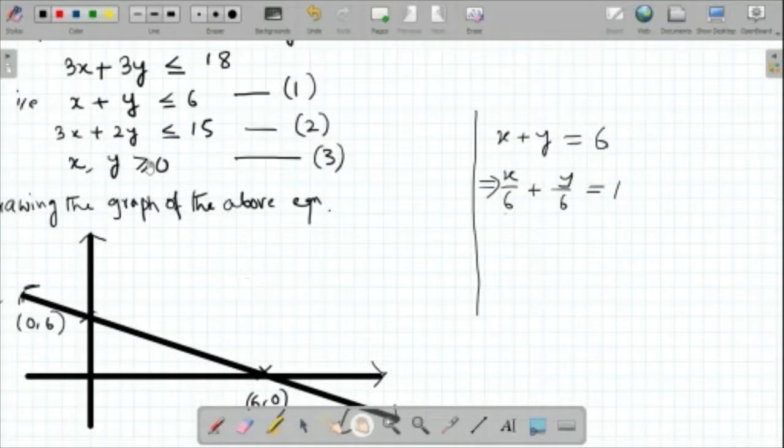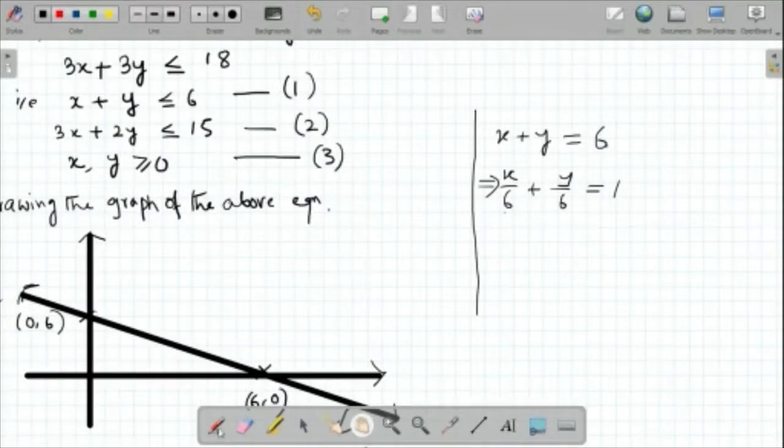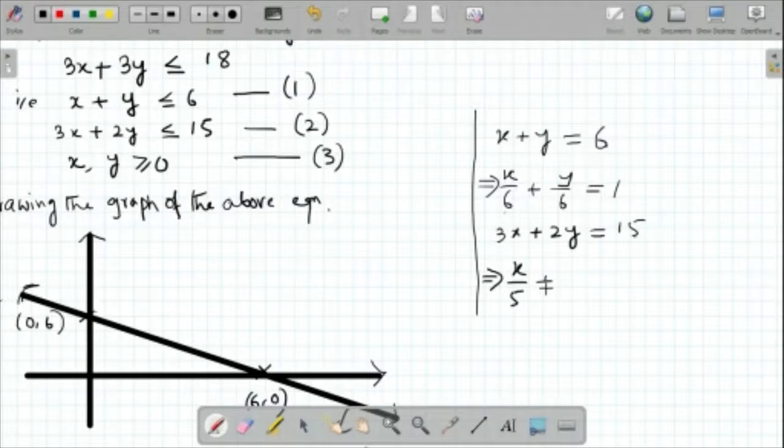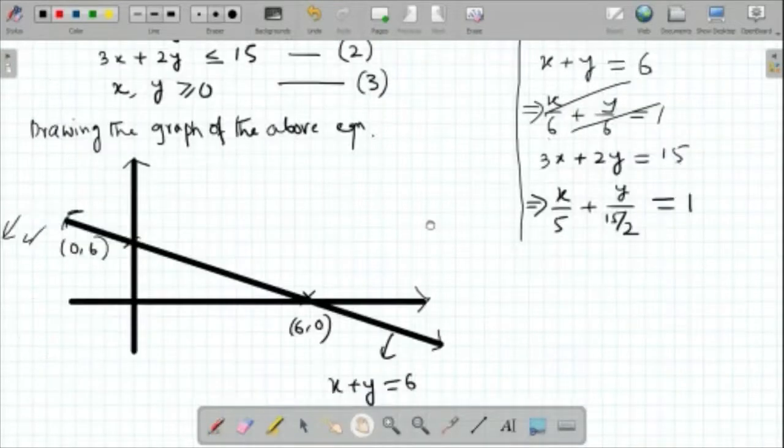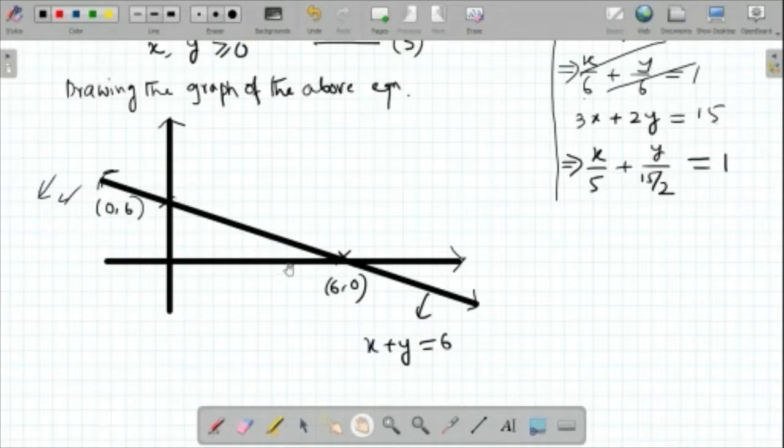Second equation, what is the second equation? 3x plus 2y equals 15. Now we have to make the right side 1, so divide by 15: x by 5 plus y by 15 by 2 equals 1, right? The x-intercept is 5, so somewhere here, this is 5 comma 0.